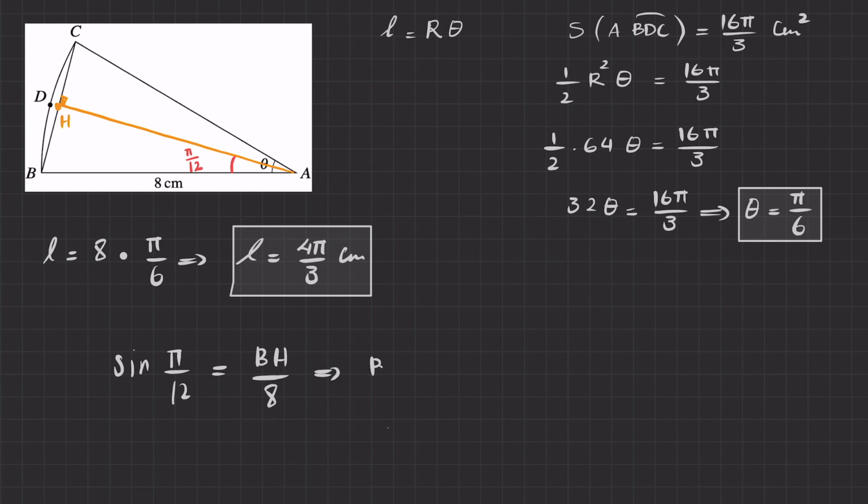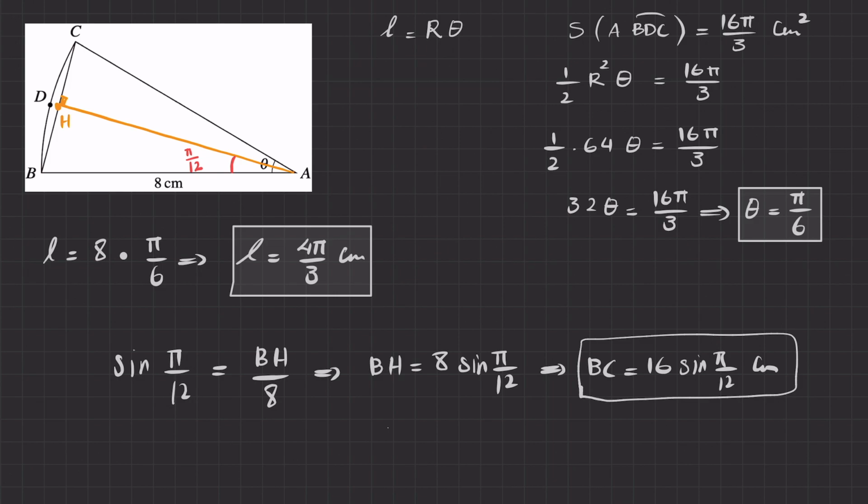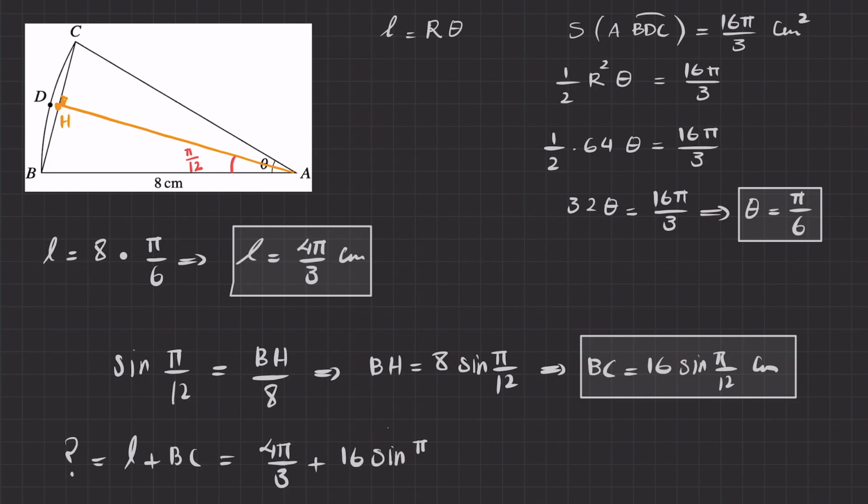So BH is 8 times sine π/12. It means BC, which I am looking for, is 2 times larger, which becomes 16 sine of π/12 centimeters. Now the perimeter is equal to L plus BC. But L is 4π/3 and BC is 16 sine π/12.